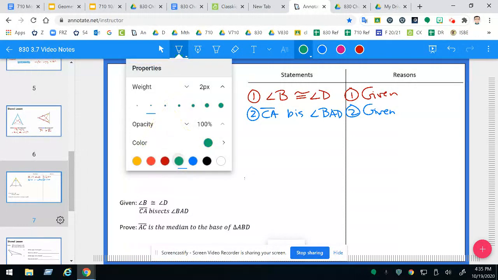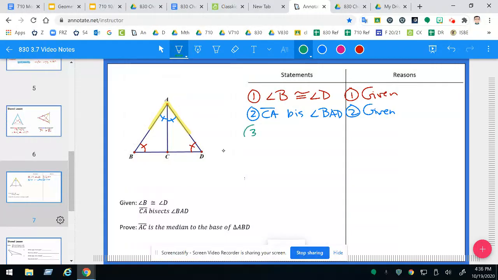So I'm going to go ahead and write that out in the next step. So angle BAC is congruent to angle CAD.